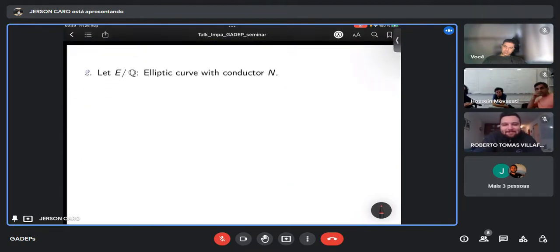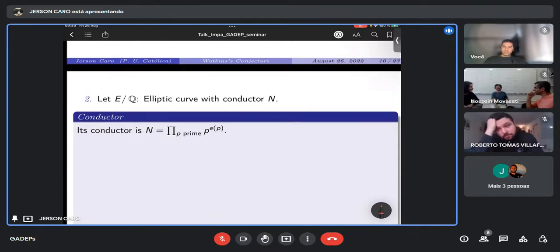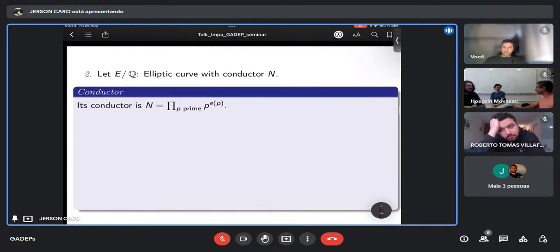Okay. So now I will define the second invariant. It's the modular degree. But to define that, I need to define first what is the conductor of an elliptic curve. It's a product of powers of primes.